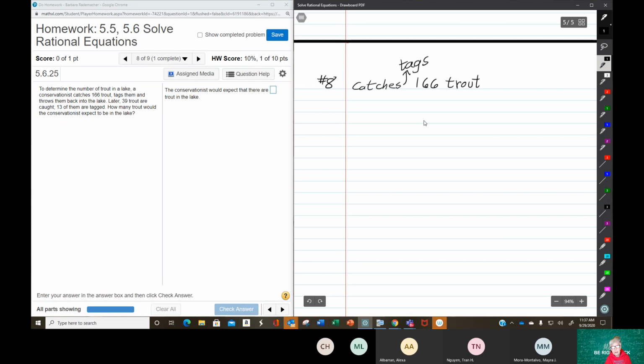I do love fish, actually. Later, when later? We don't know. We don't care. Later, 39 trout are caught. 13 of them have tags.